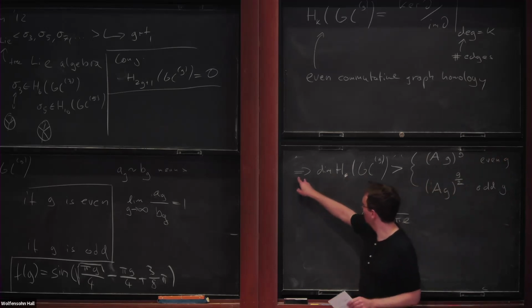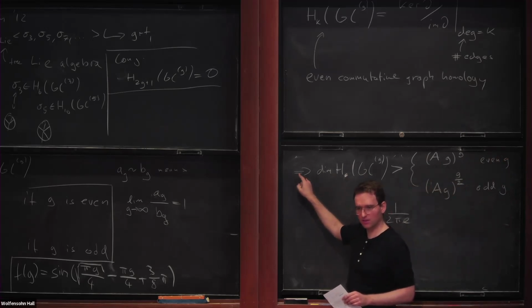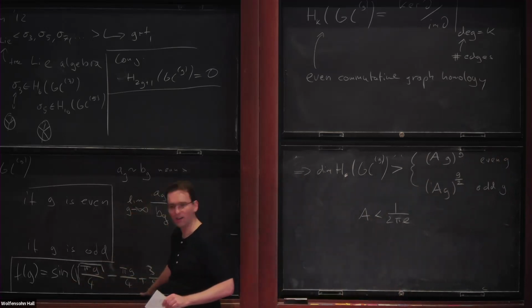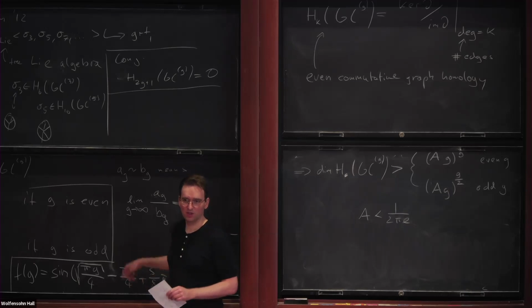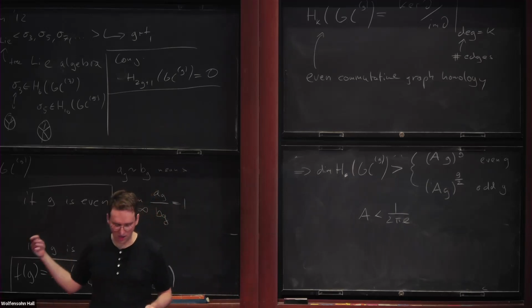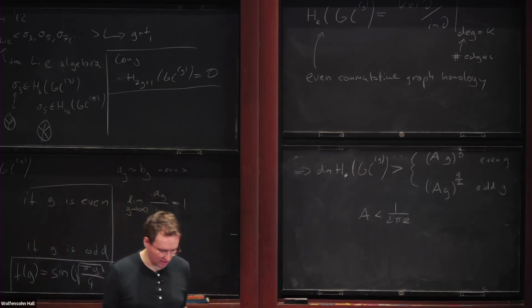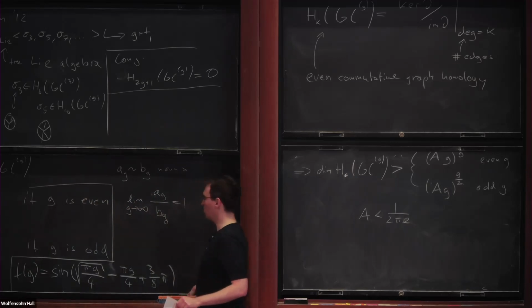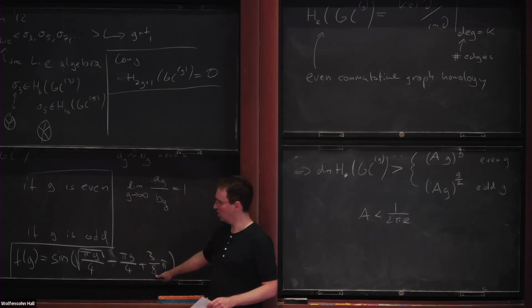It follows slightly non-trivially. This is interesting, and it comes due to this oscillating sine function here, because the sine can become very small depending on how close this argument comes to a multiple of pi.